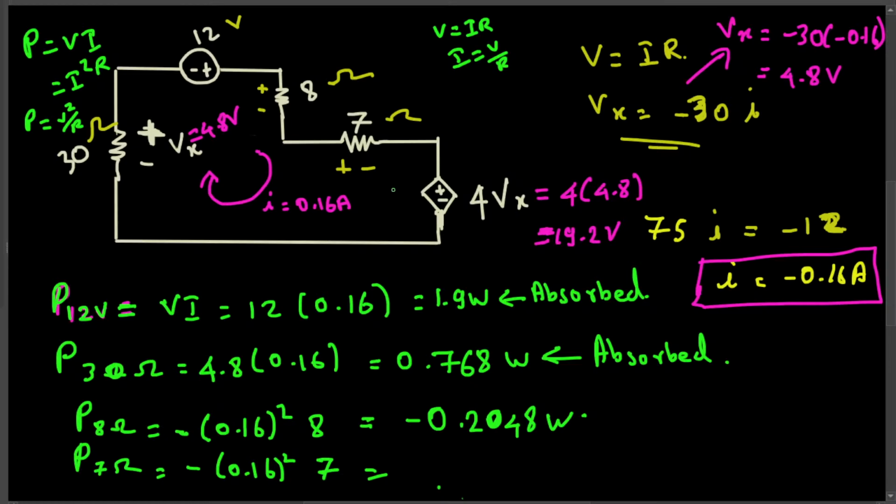Okay, wait a minute, 7 ohm resistor plus to minus, right? So yeah, negative, with this power supplied.